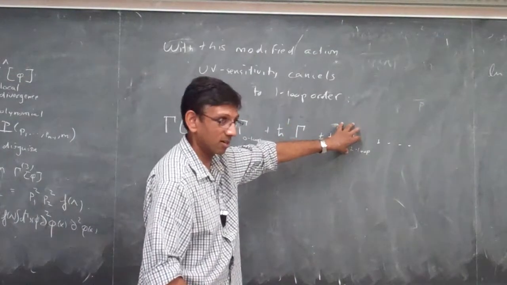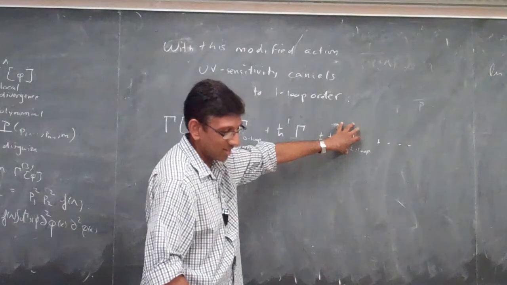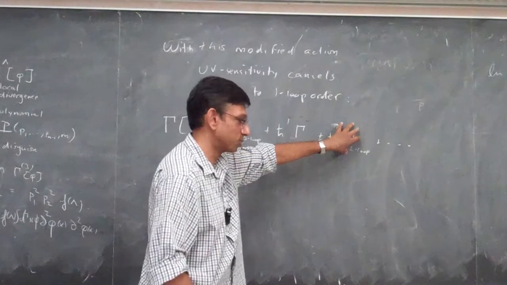A 4-point function here is going to be loop suppressed, it's going to be 2 loop suppressed.